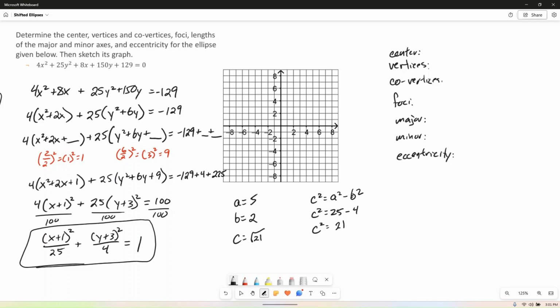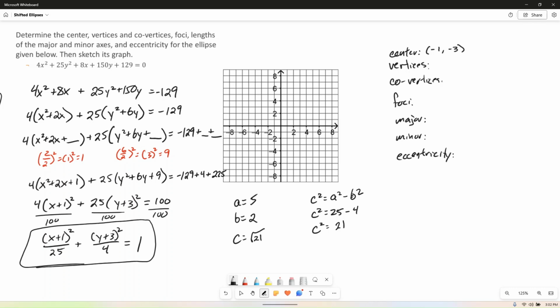All right, so now we need to figure out all the key characteristics. Looking at our equation, we have x plus 1, which means the x coordinate is -1. And then we have y plus 3, which means the y coordinate is -3. So the center of this ellipse is -1, -3.